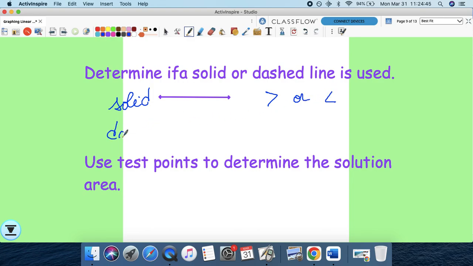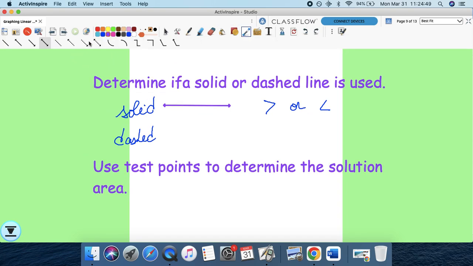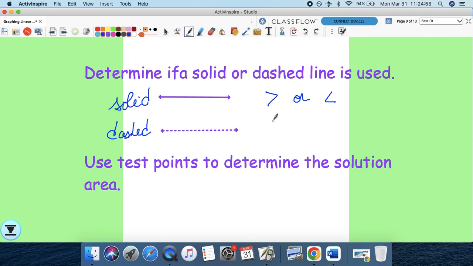If you're going to use a dashed line, inequalities are going to be greater than or less than. And that's how you know you're going to use a dashed line. You don't have to. Or you can do a test point. You can pick a point on the line and see if it makes the inequality true or not. But this is the shortcut.